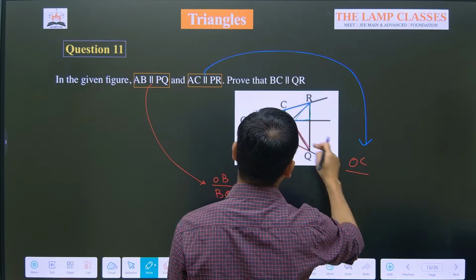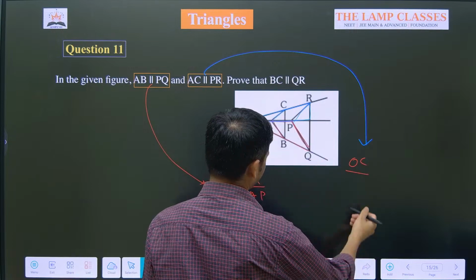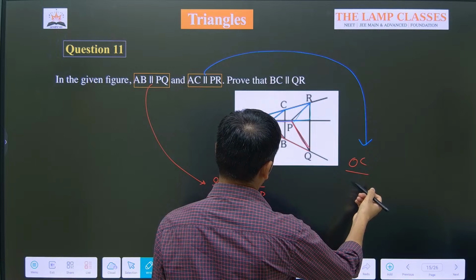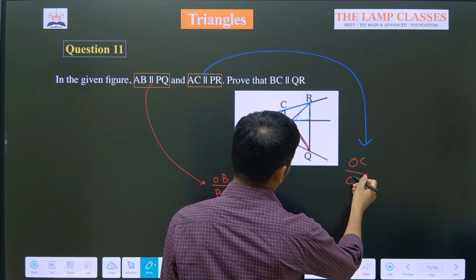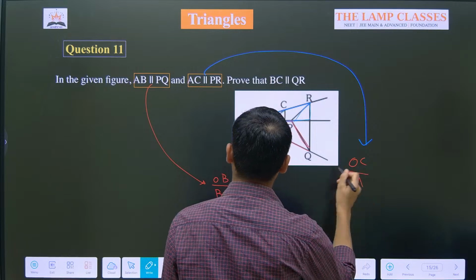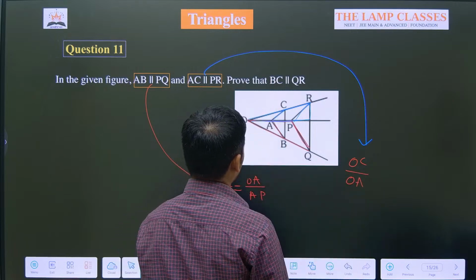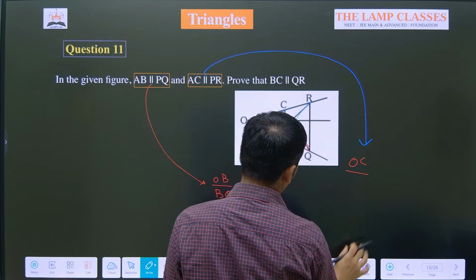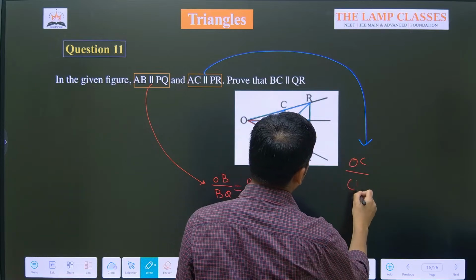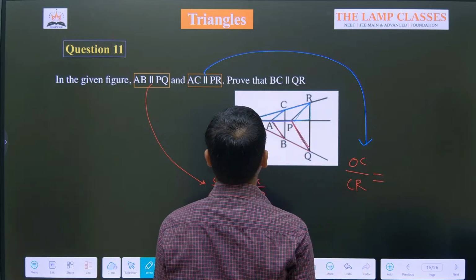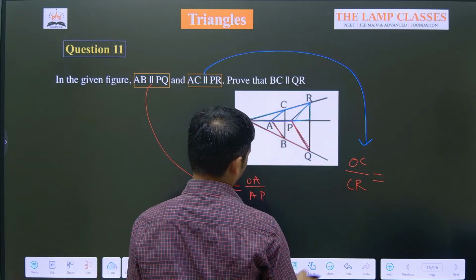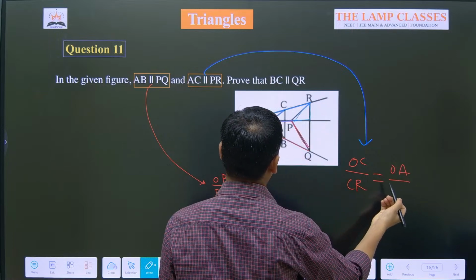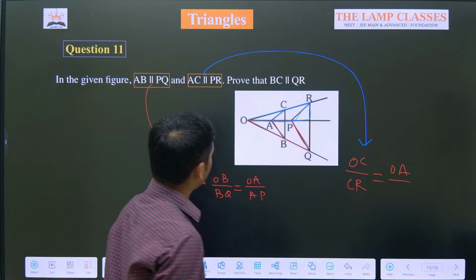So OC upon CR you can say will be equal to OA upon AP.